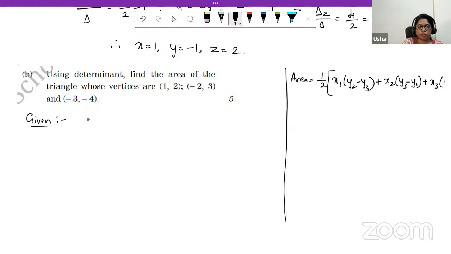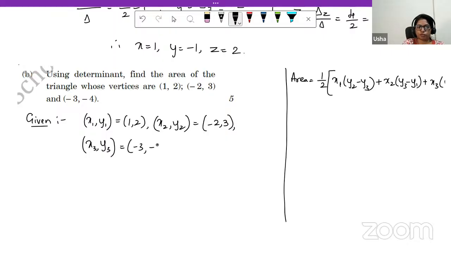Given x1, y1 is equal to, this is the first point, which is 1, comma 2. x2, y2 is second point, which is minus 2, comma 3. And then x3, y3 is the third point, and that is minus 3, comma minus 4.